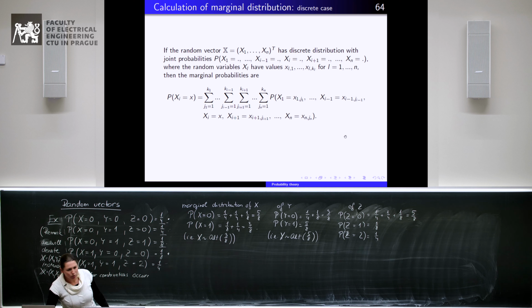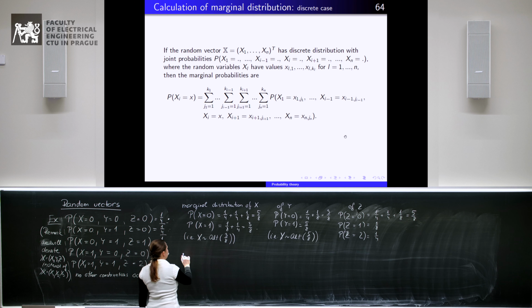Questions? No questions? This is the marginal distribution of the items of the random vector or of the separate random variables in the vector. But we can study also the marginal distribution of some subvector.